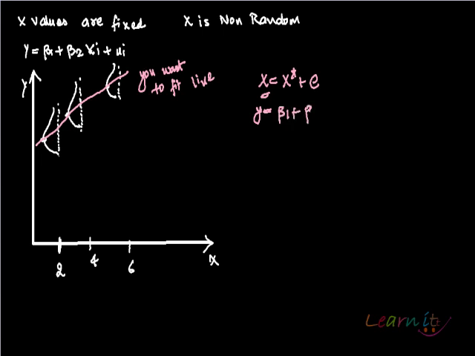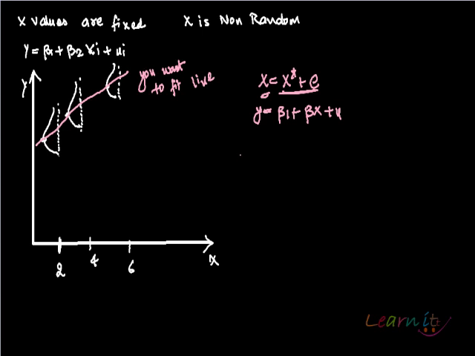X star is the true x, but you have run the model with x and not with x star. If you would have run the model with the true value x star, then this error wouldn't be there. But since you have estimated the model with this x, this error is always there, and this has increased the amount of the error also.